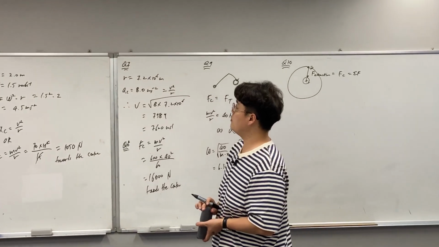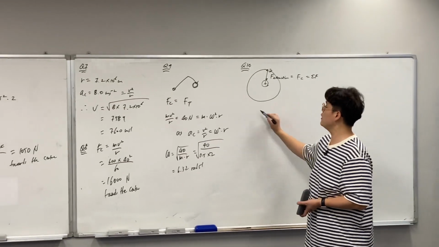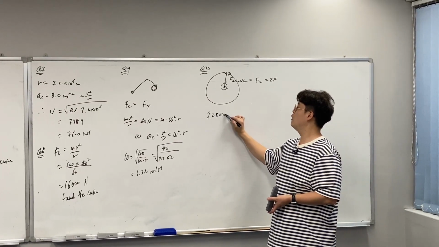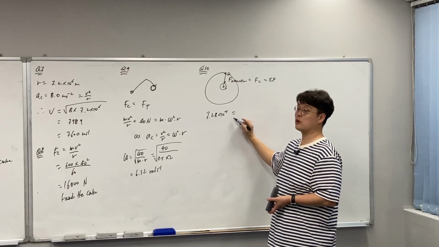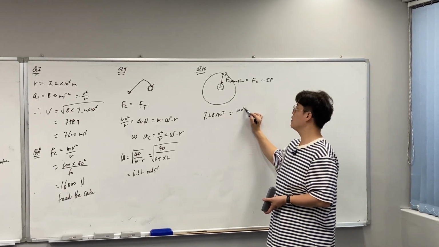That's given as 7.28 times 10 to the power minus 5, which is a centripetal force, equal to mv squared over r.